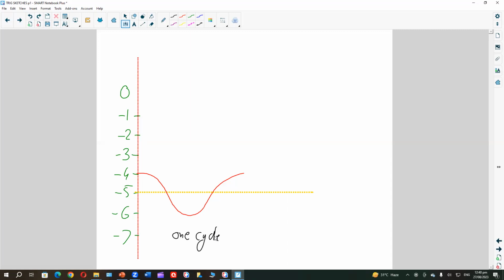Sir, I'm done with it. Okay, proceed. And then we have to draw the axis line. Yes. And then we have to mark the angles.